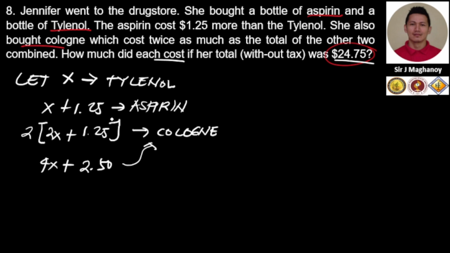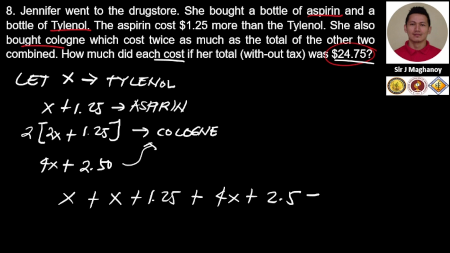X for the Tylenol plus the aspirin, X plus 1.25, plus our cologne, which we simplified already, 4X plus 2.5, equal to the total without tax, 24.75.